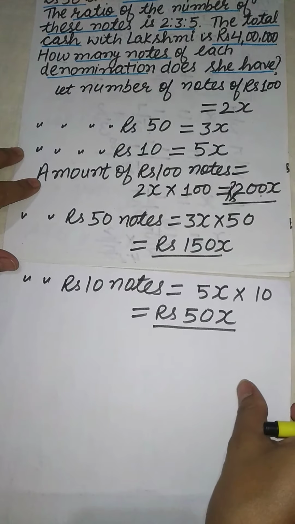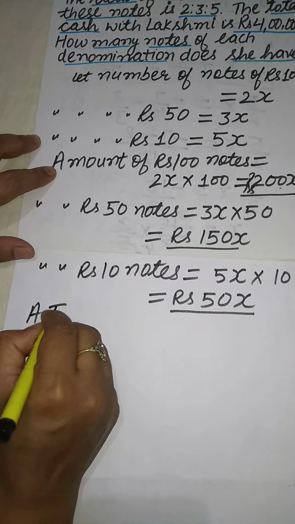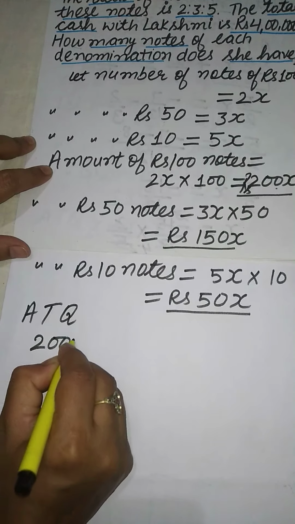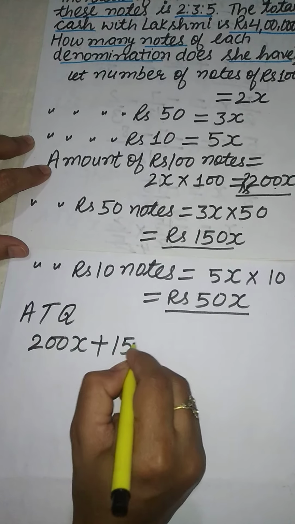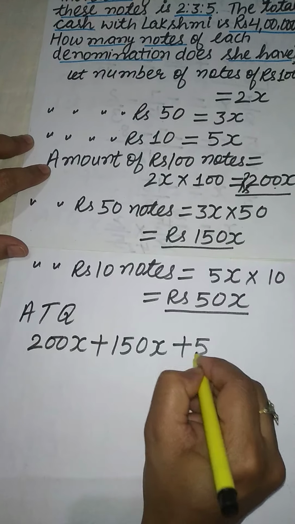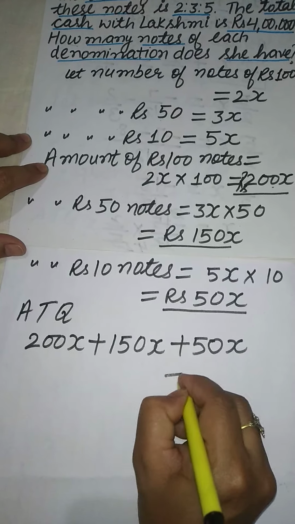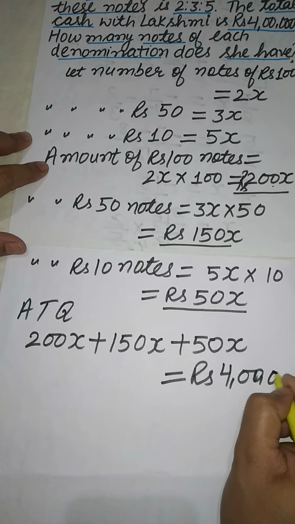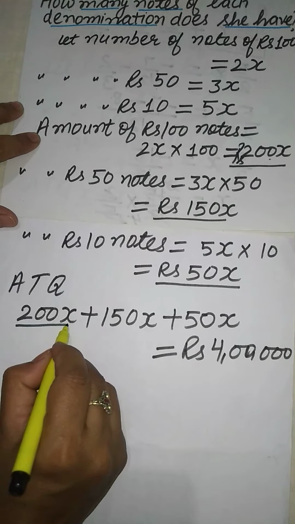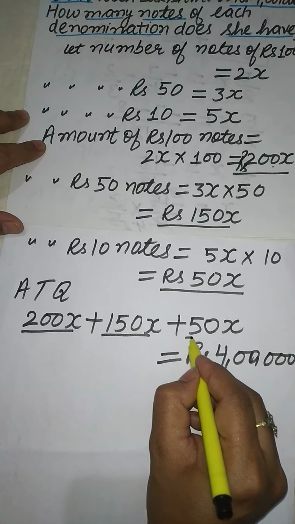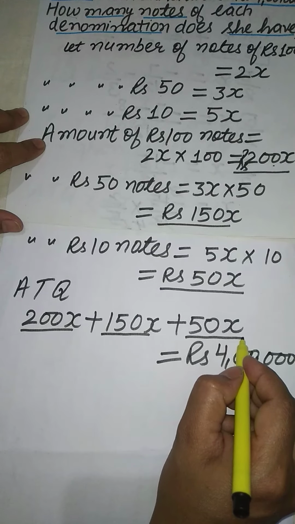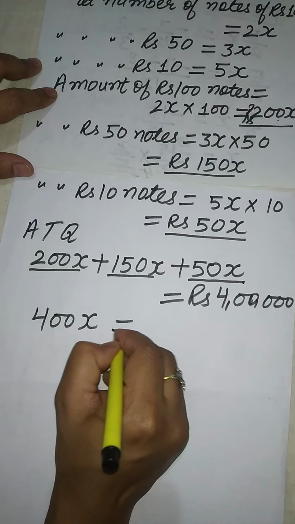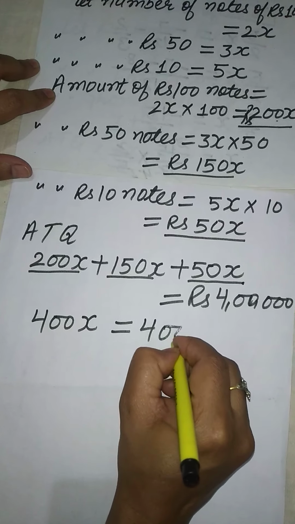So, according to the question, the sum of amounts, that is 200x plus 150x plus 50x is equal to rupees 4 lakh. 200x plus 150x plus 50x will be equal to 400x, which is equal to 4 lakh.